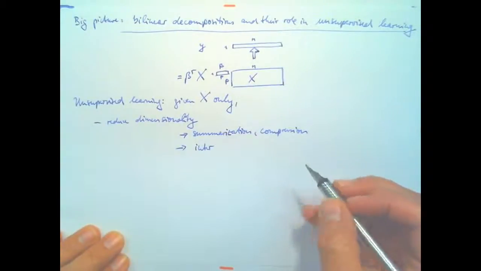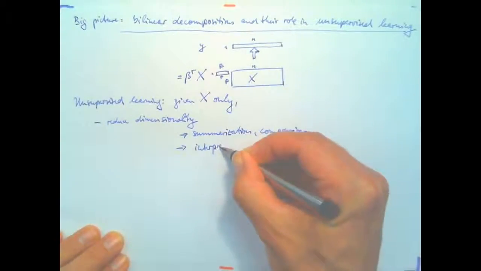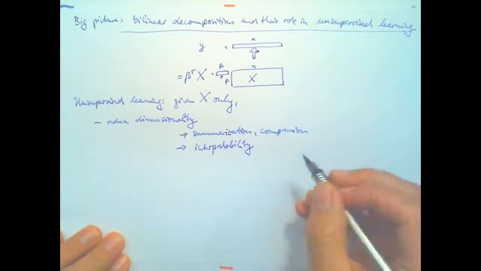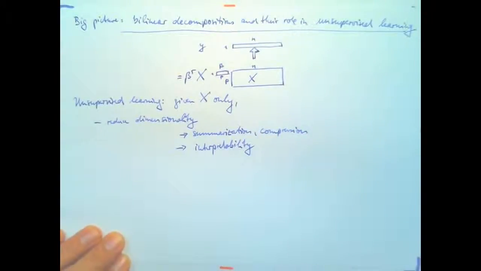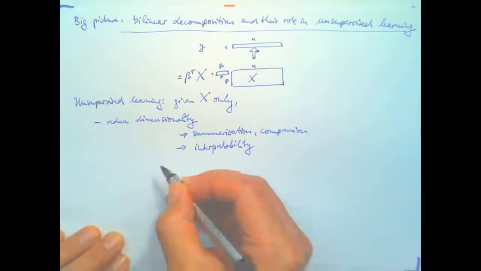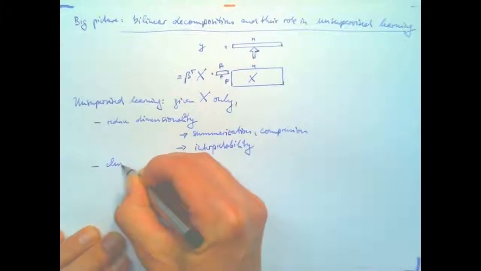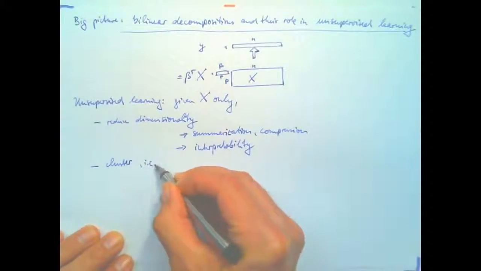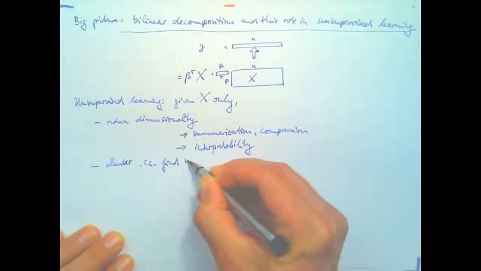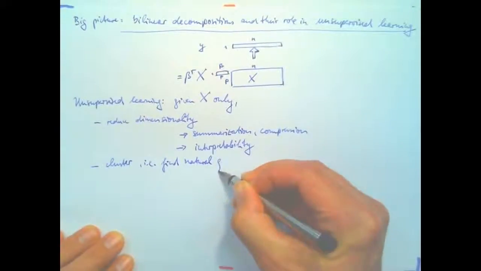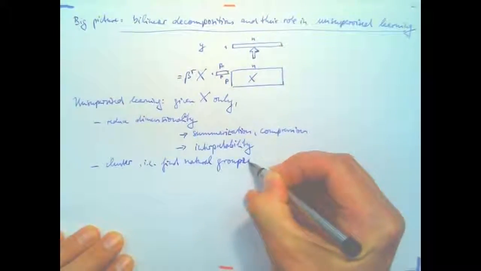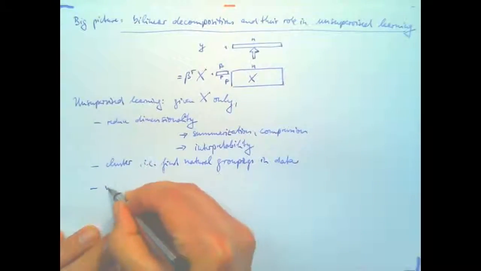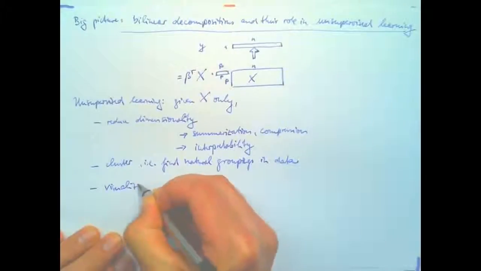In other cases, I really want to improve the interpretability of the raw data, simply because the raw data would be too many numbers to look at. Or I may want to cluster. That is, find natural groupings in the data. Or I may want to visualize it.